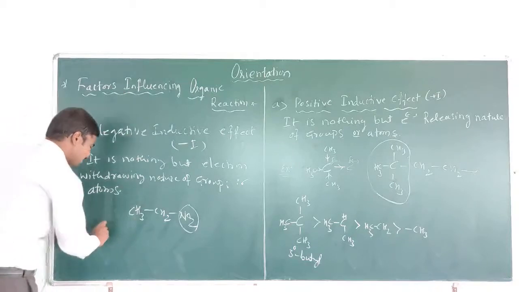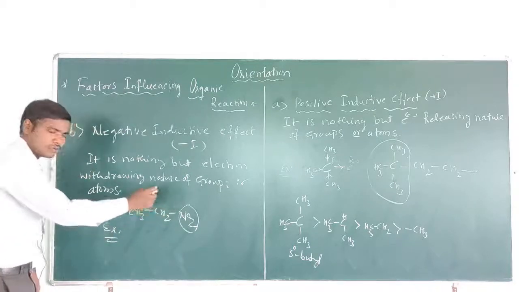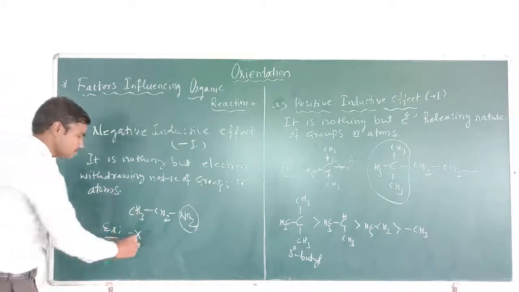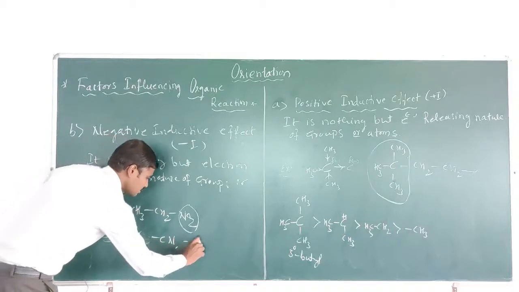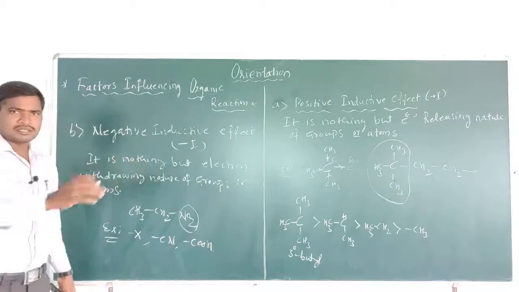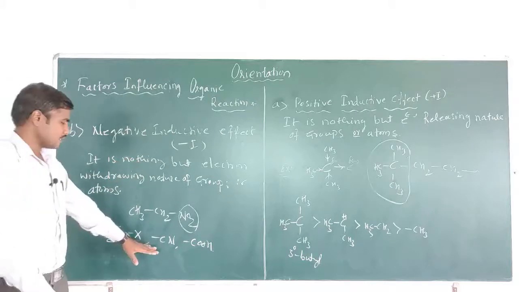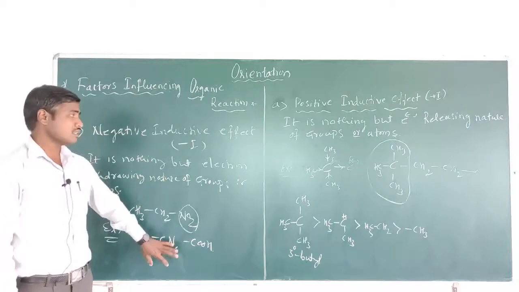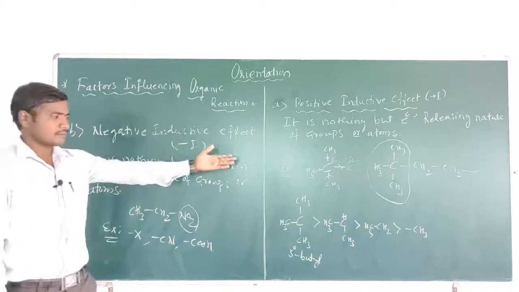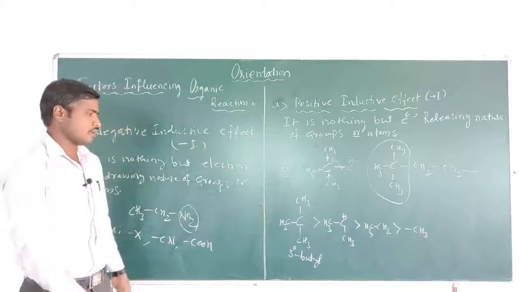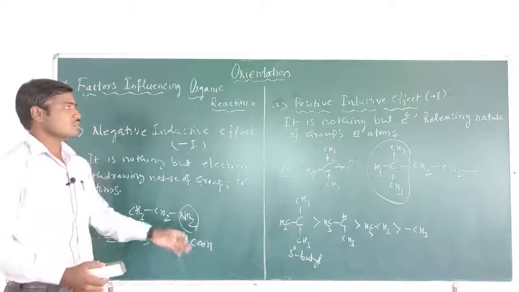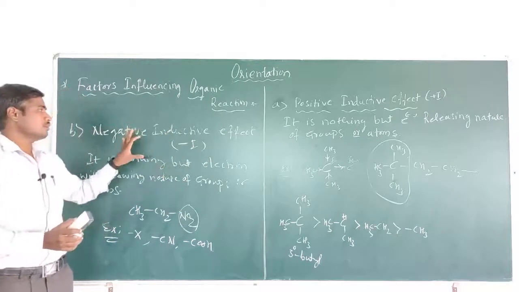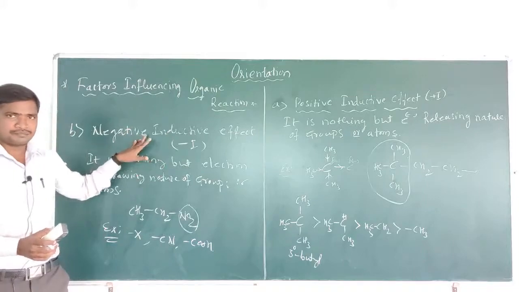Some other examples are NO2 and the halogens, that may be bromine, fluorine, chlorine, and also cyanide groups, carboxylic acid groups, etc. These atoms or groups show a negative inductive effect, while tertiary butyl and isopropyl show a positive inductive effect. So this is about the inductive effect.